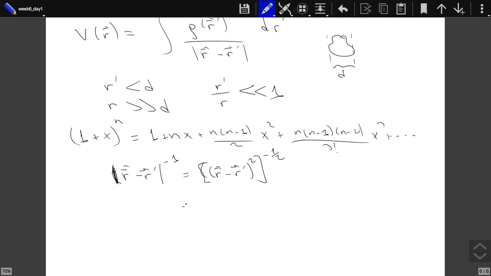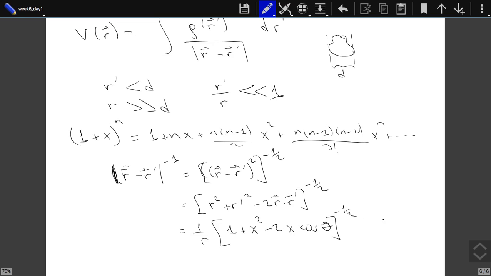And this will be equal to r squared plus r prime squared minus twice r dot r prime raised to the power minus 1/2. r is the large coordinate, so this is 1 over r times 1 plus x squared minus twice x times cosine theta to the power minus 1/2, where x is equal to r prime over r. x is very small.